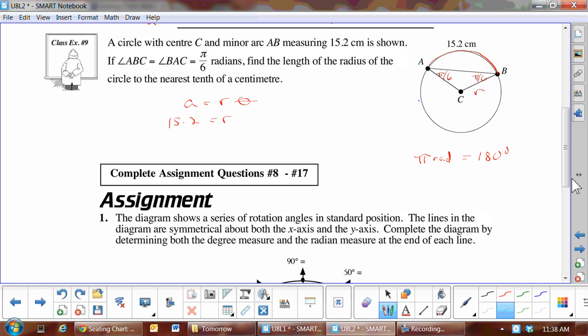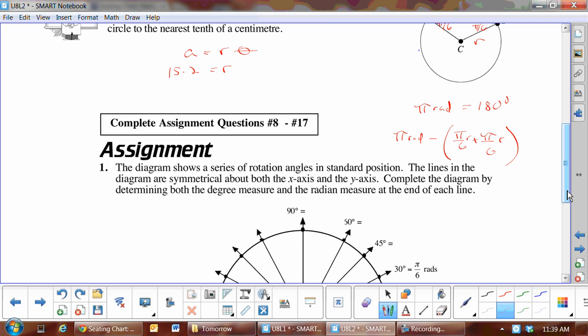So with that knowledge, if I took pi radians, minus pi over 6 plus pi over 6, and again, those are radians there too, I would be able to find that central angle, just like we've always done. All of the angles of a triangle always equaled 180.